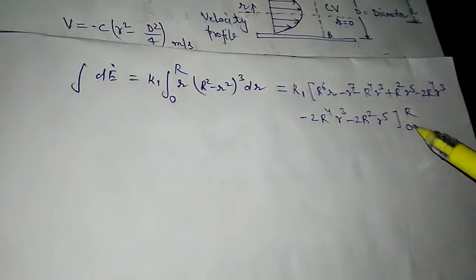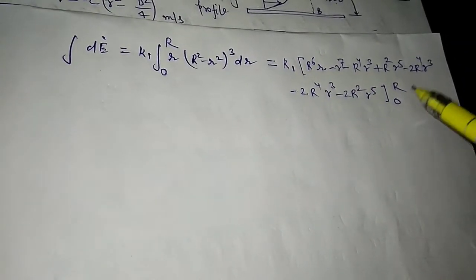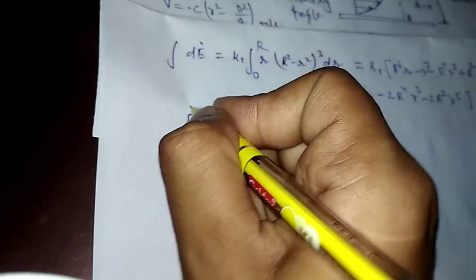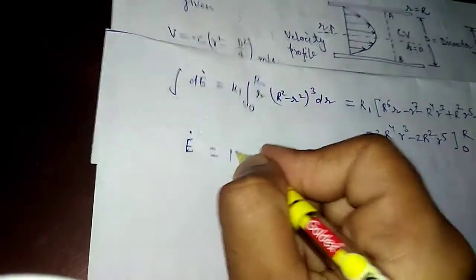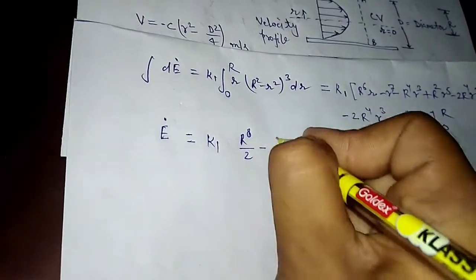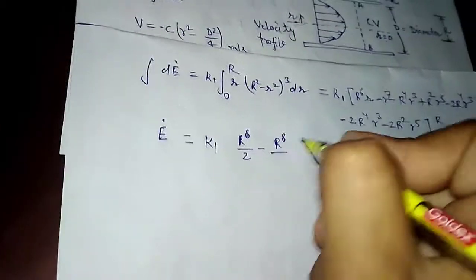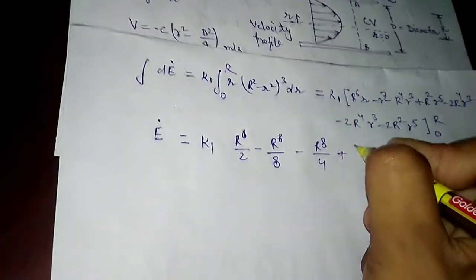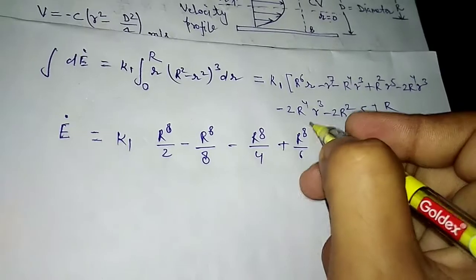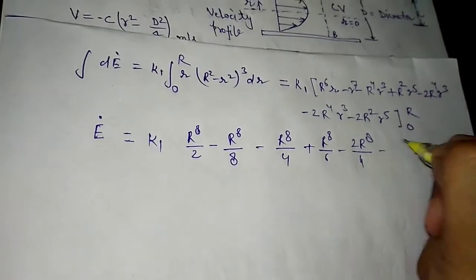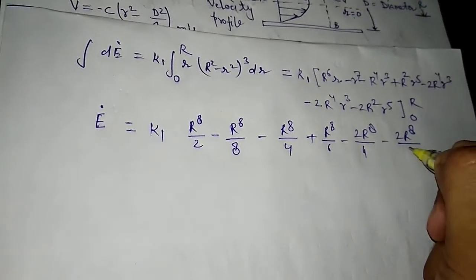Now putting lower and upper limit, E dot will be k1 times R to the power 8 divided by 2 minus R to the power 8 upon 8 minus R to the power 8 upon 4 plus R to the power 8 upon 6 minus 2R to the power 8 upon 4 minus 2R to the power 8 upon 6.